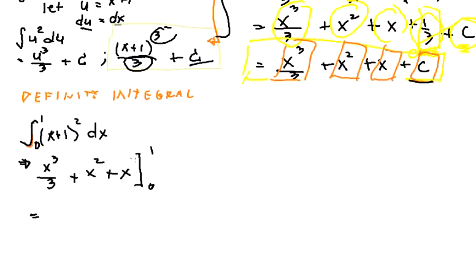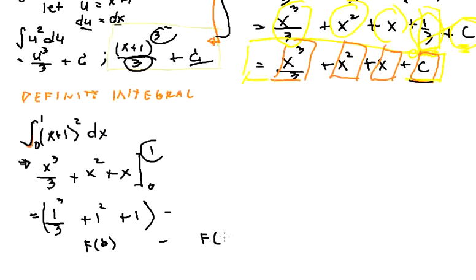We first substitute our upper limit to the x. So we have 1 cubed all over 3 plus 1 squared plus 1. Then for our lower limit, we have 0 cubed all over 3 plus 0 squared plus 0.